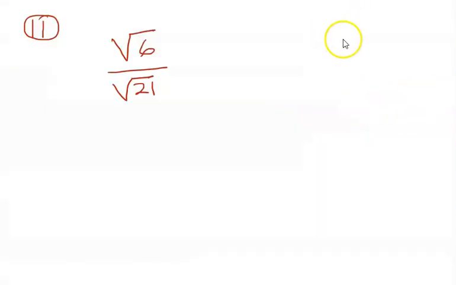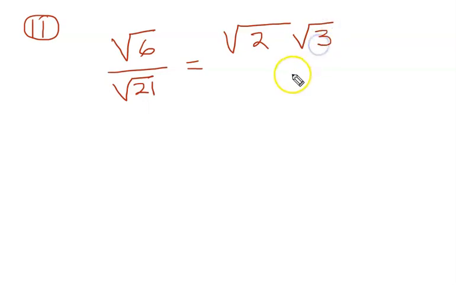What we're going to do for number 11, I had done something else last time. I'm going to redo this. And again, we want to simplify. And as we simplify, we cannot have a radical in the denominator. So as we go to rationalize our denominator, our numerator is the square root of 6 that I'm going to write as the square root of 2 times the square root of 3.